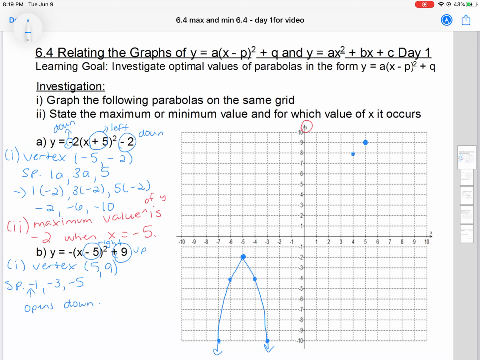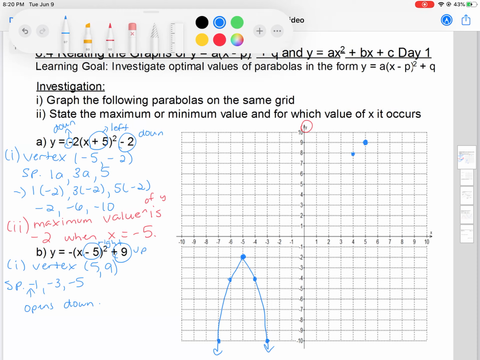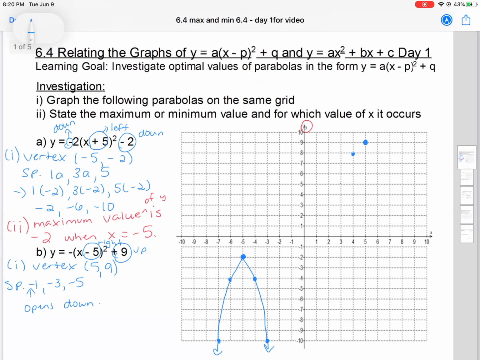So over 1, down 1, over 1, down 3, 1, 2, 3. Oops, I did too many there, sorry. Over 1, down 1, 2, 3. Over 1, down 1, 2, 3, 4, 5.